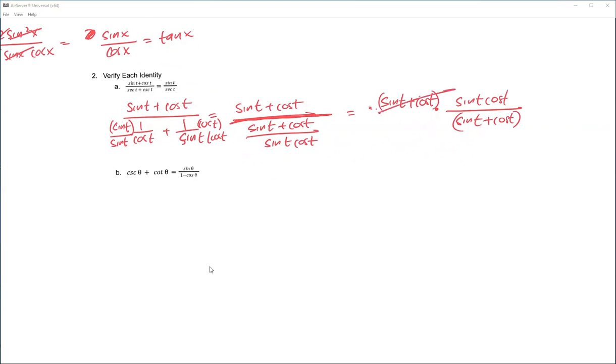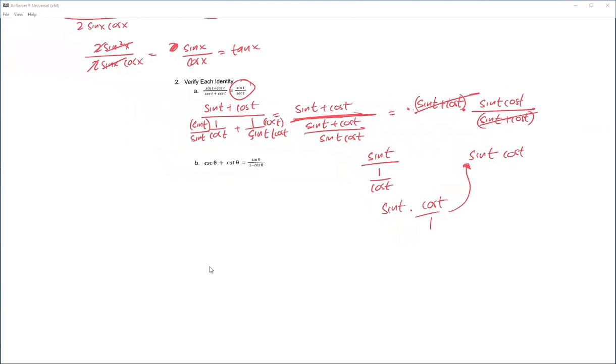So this is equal to sine t times cosine t. Now we work on this side right here a little bit, where you get the sine t over, and then make that 1 over cosine t. If you multiply by the reciprocal, that will equal this right here. Okay.